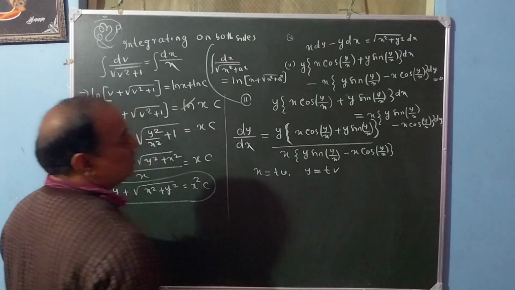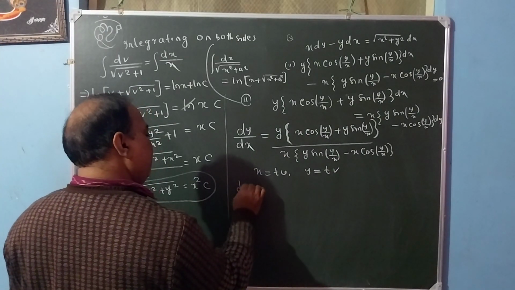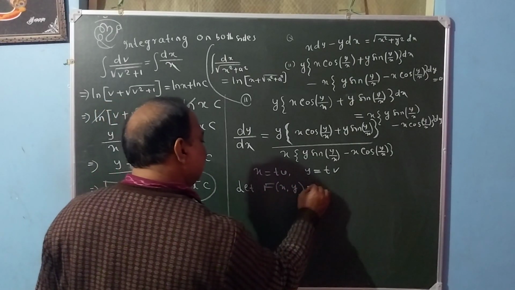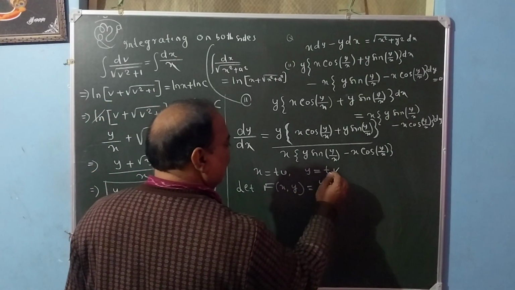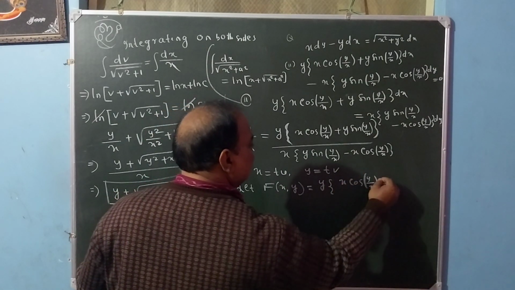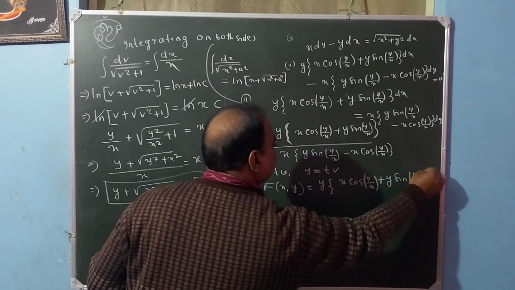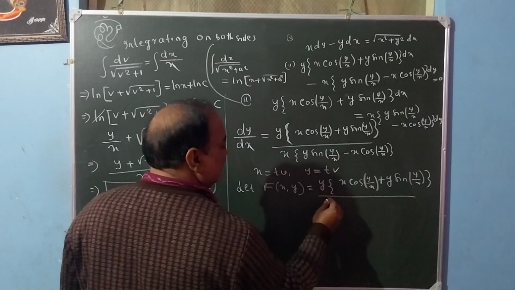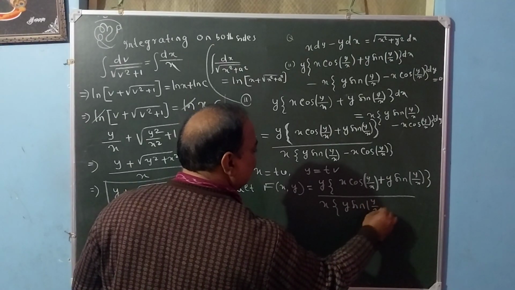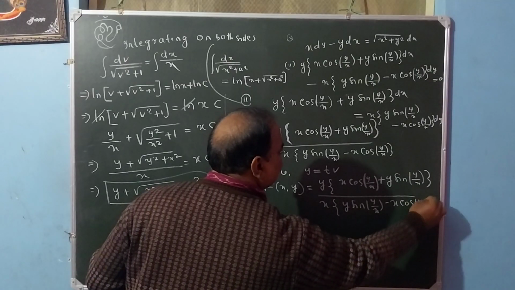Always this is the procedure. So let f of xy be y x cos y by x plus y sin y by x, divided by x y sin y by x minus x cos y by x.